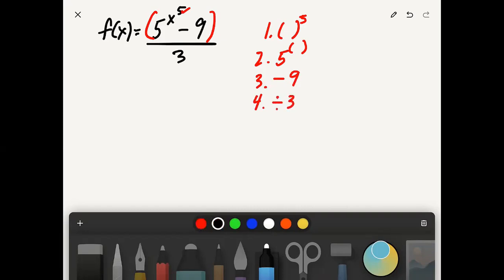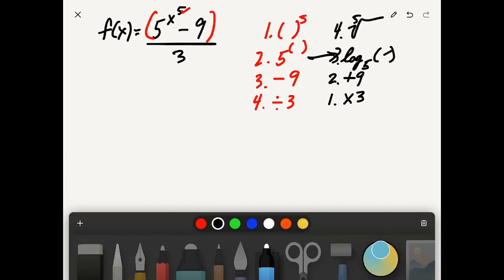So now we are going to do the inverses. So that's going to be multiplied by 3, add 9. And now this one, we have to take the log with the base of 5 of whatever we have to put in there. And then the next thing that we're going to do is we're going to take the 5th root. So we're going to do this first, this second, this third, this fourth.